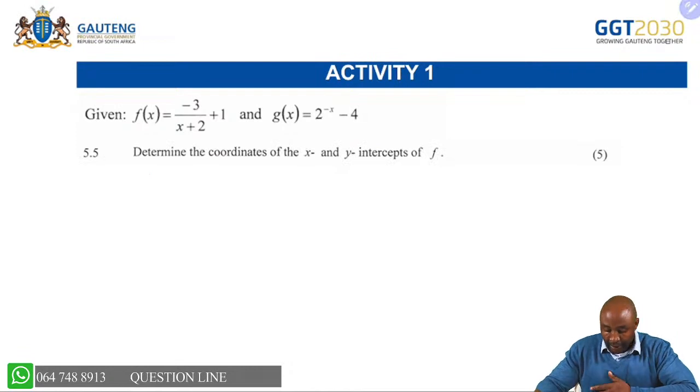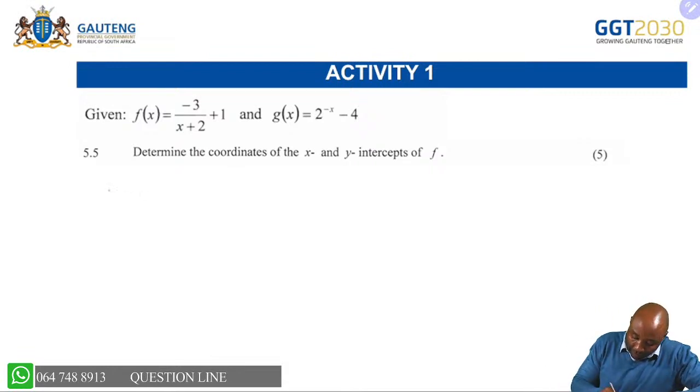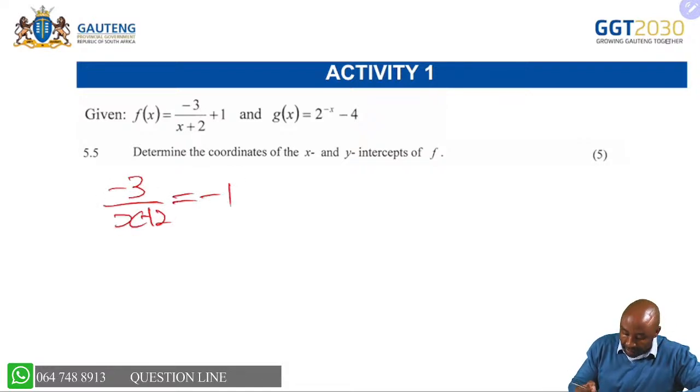5.5, the coordinates, the x and the y coordinate intercepts of the graph of f. To get the x-intercept, we know what to do. We are solving the equation negative 3 over x plus 2, plus 1, we know it's equal to 0.